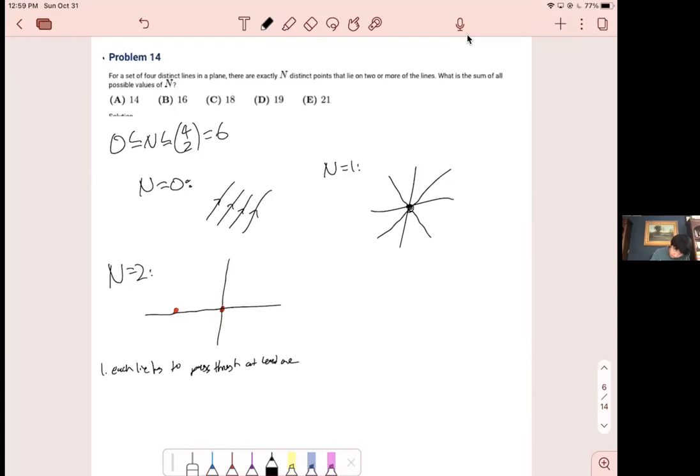So let's draw that line, and then let's draw that line.